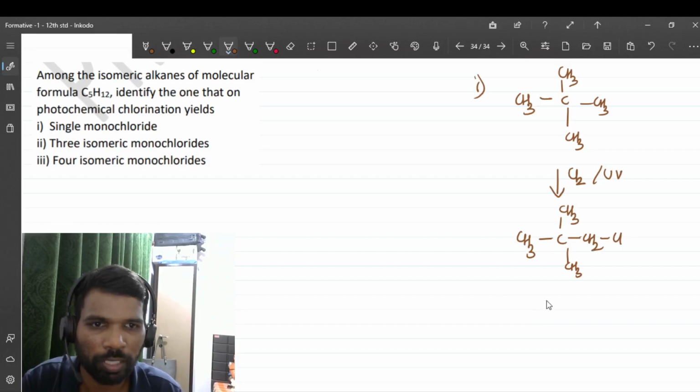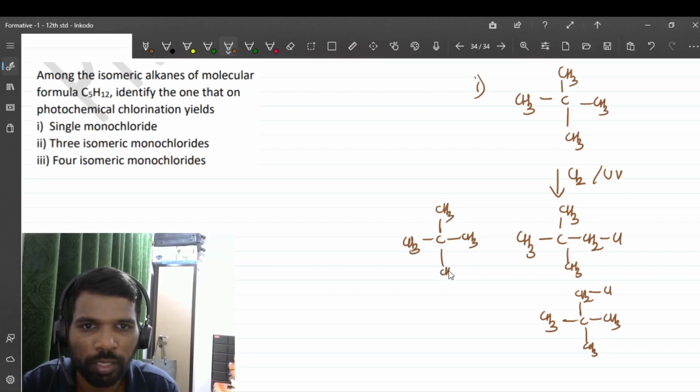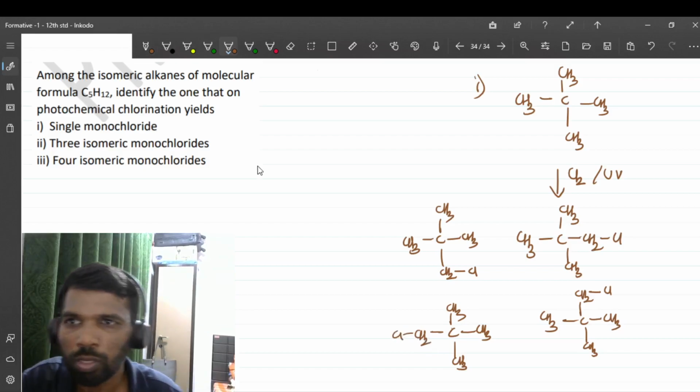Means other products I'll write. It is this. Second product is this. But it is the same as the first one, right? You try with any other carbon. The third possibility may be this. Again, all these compounds are the same. Fourth possibility is this. So it is one and the same, right? So for a single monochloride, who gives you a single monochloride?